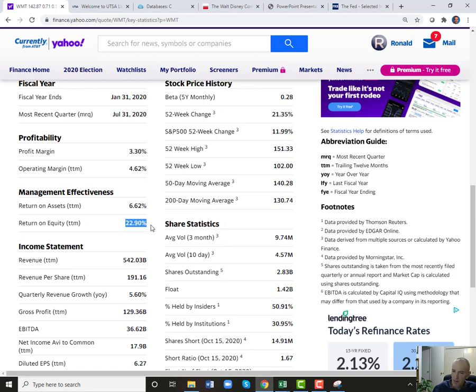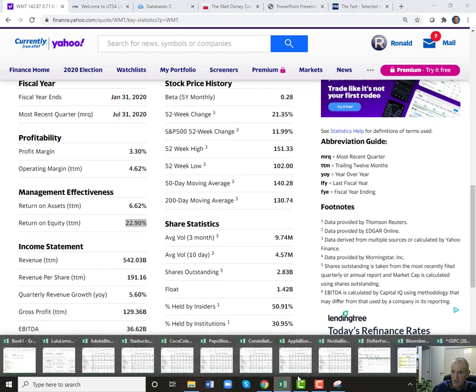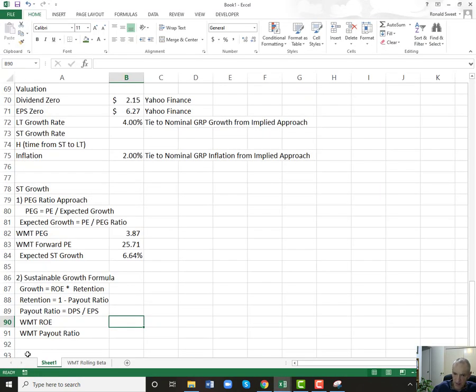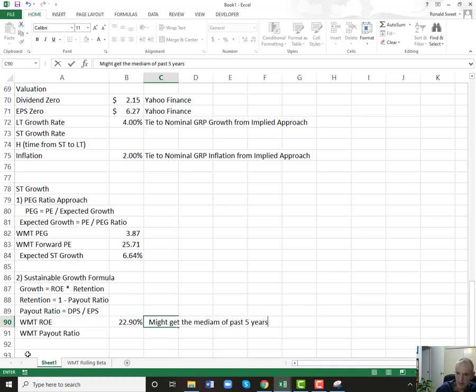What I recommend, if you have more data, and I'll show you can get more data from Capital IQ. You have more data, you might do a normalized ROE. So this might be an inflated ROE for Walmart. So 22.9. So you might do the median of past 5 years or something like that.